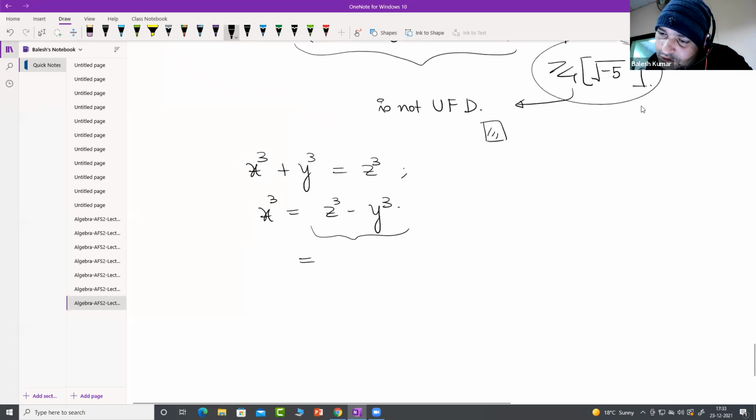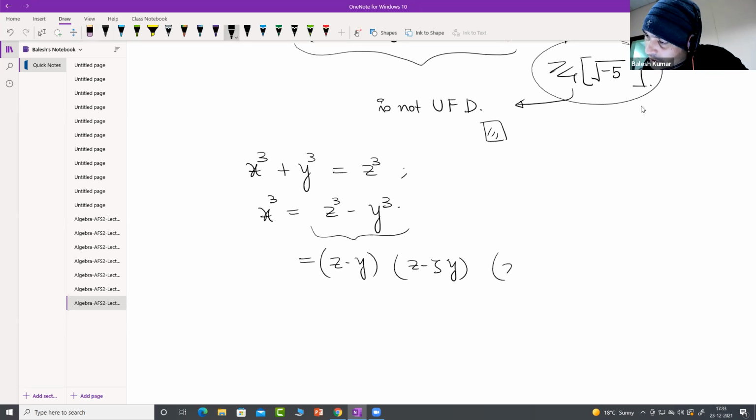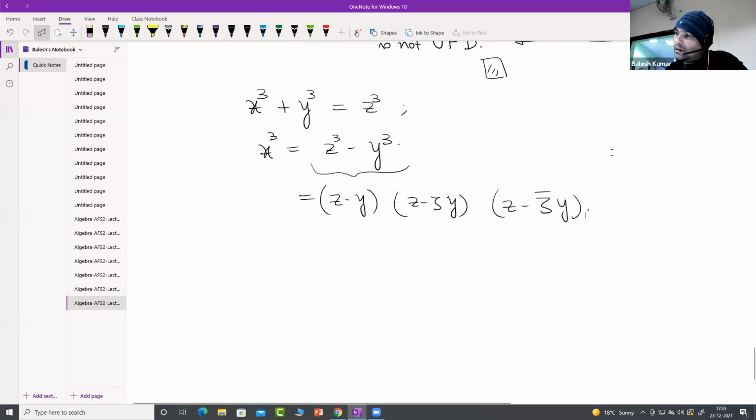And if you factor this, it will have three factors: z minus y, then z minus zeta y, and then z minus zeta bar of y. Here zeta is precisely the cube root of unity.